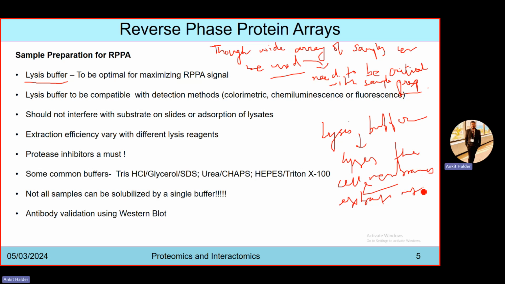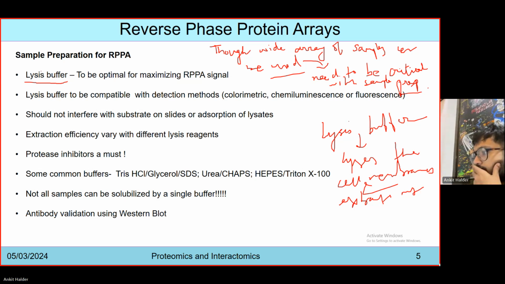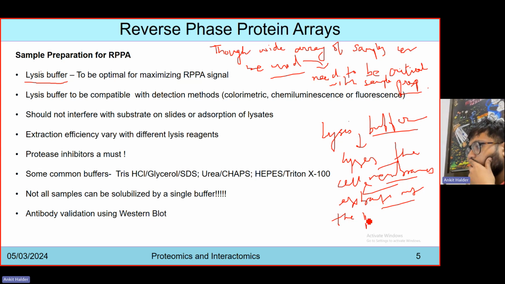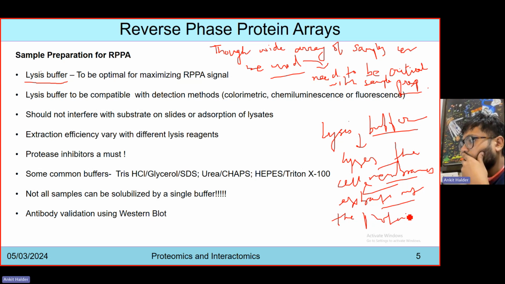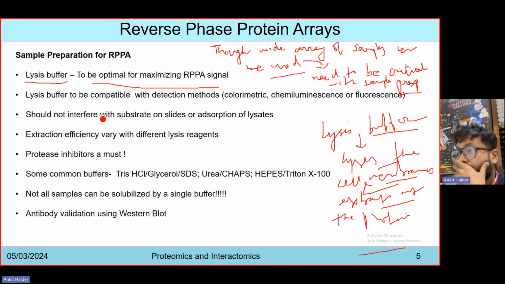Yeah, so it extracts out the protein. So it should be compatible. It should be optimal for maximizing the RPPA signal.